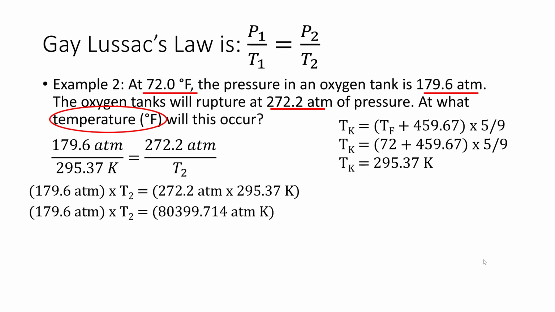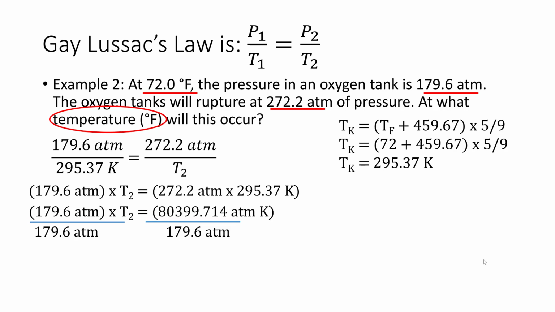So the next thing that we need to do is solve for T2. So we need to divide both sides of the equation by 179.6. So let's go ahead and divide both sides of the equation by 179.6 atmospheres. Now on the left side, the 179.6 is going to cancel out, and we're going to be left with just T2.